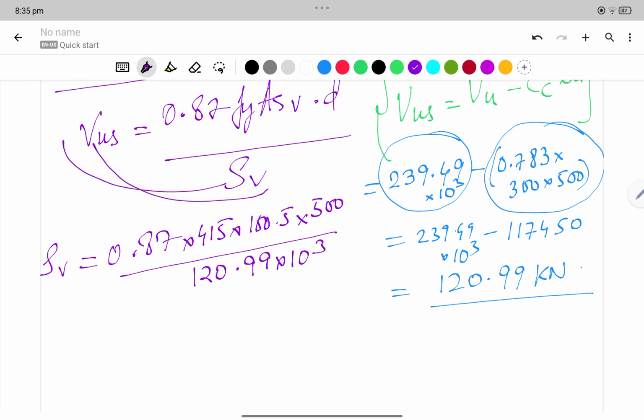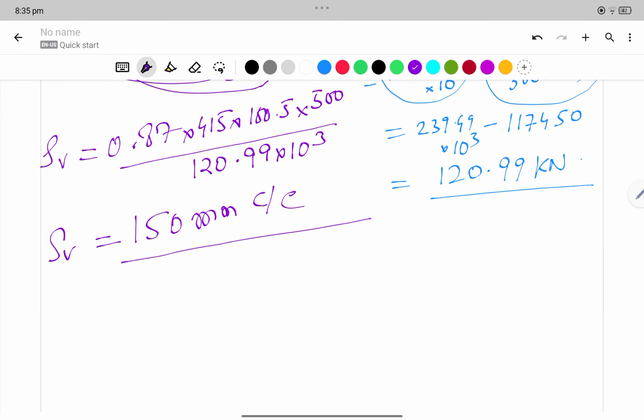If you cancel up this value, it will come to 150 mm center to center. So how will we provide it?